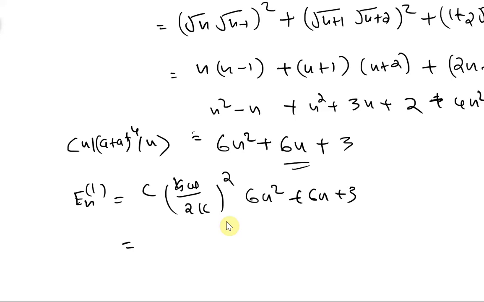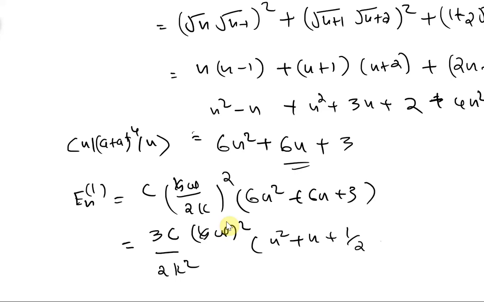So this is 4k². So you can just take a 6 from this outside. It will become 6c, and 1 2 will be cancelling, so it is 3c ħω square divided by, 2 will be remaining, and k², 2k² will be there, and here square, n² plus n plus 1 by 2.